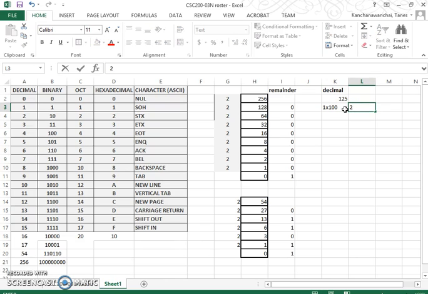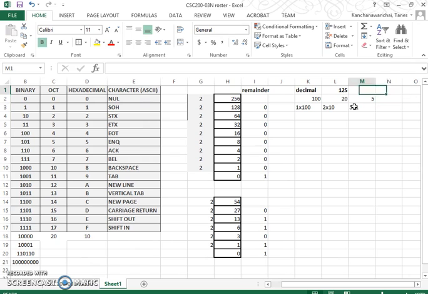And 2 multiplied by 10, right? And 5 multiplied by 1. So this is your 100, and this is your 20, and this is your 5. So I'm trying to see 125, right? And then you can just sum them, right?